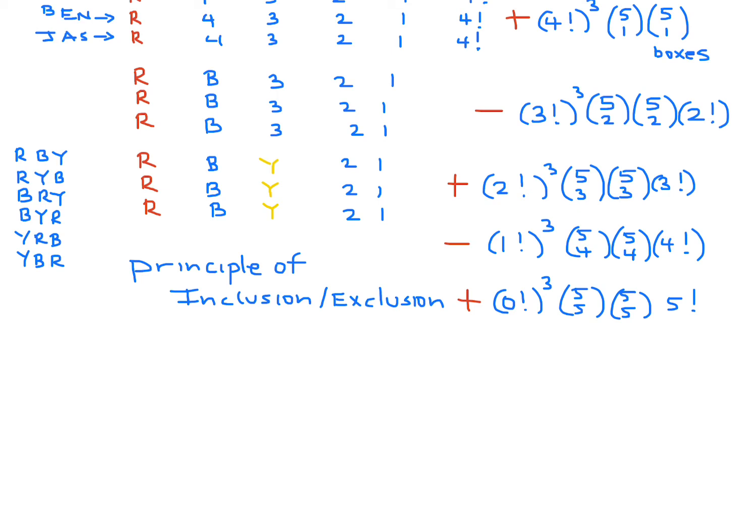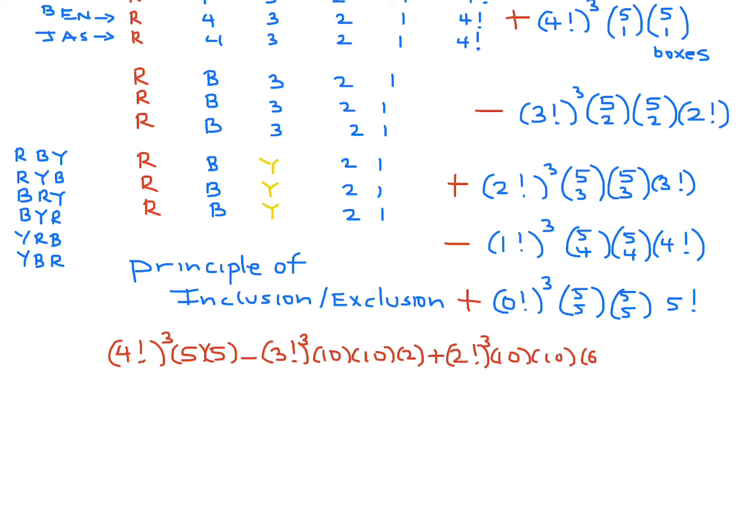So we've got 4 factorial to the power of 3 times 5 times 5. And then minus 3 factorial to the power of 3, and that's 10 times 10 times 2. Plus 2 factorial to the power of 3, and again that's 10, 10, and 6.